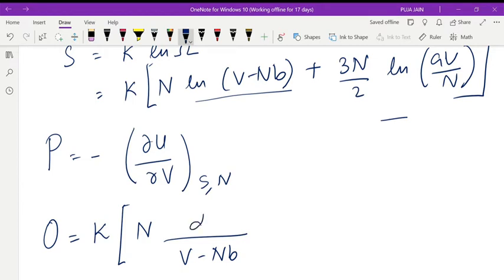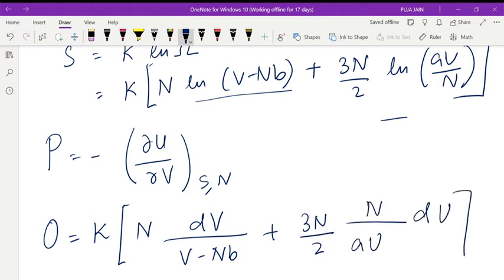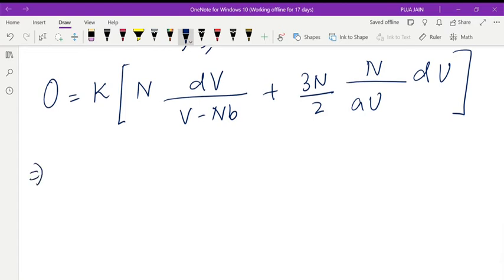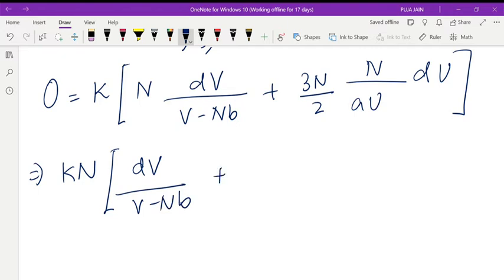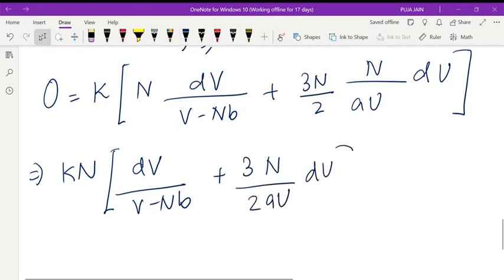So dV plus 3N by 2aU dU. So this I am getting. Here there is a 0, so I am taking this one here. k and N I can take constant, so we are getting dV by (V minus nb) plus 3N by 2aU dU, that is equal to 0.